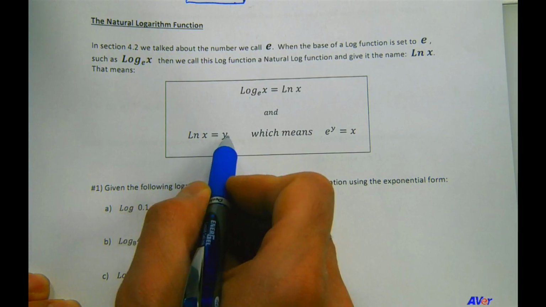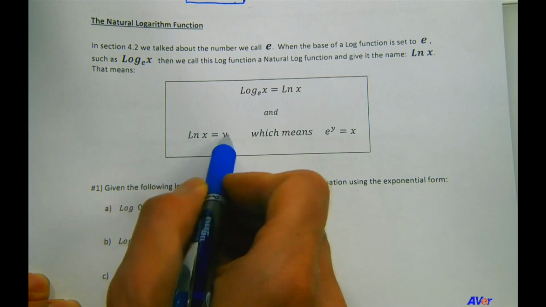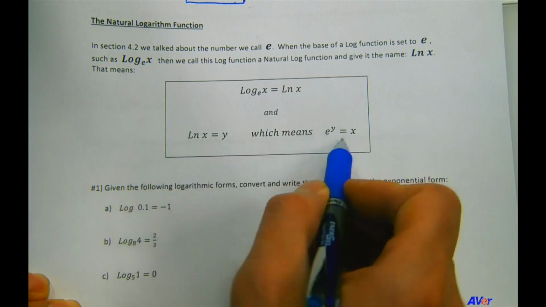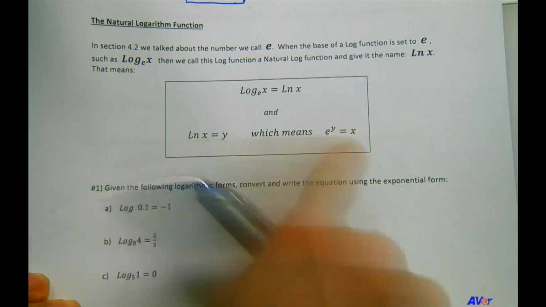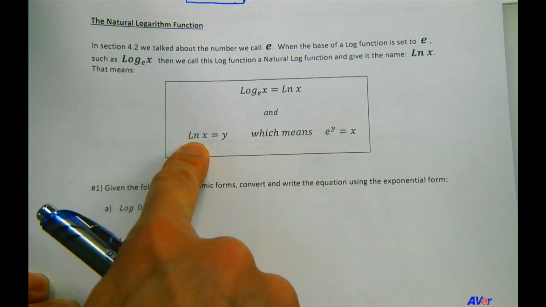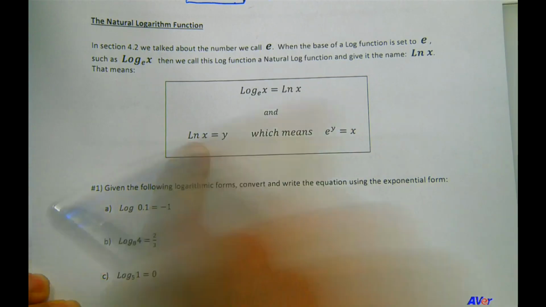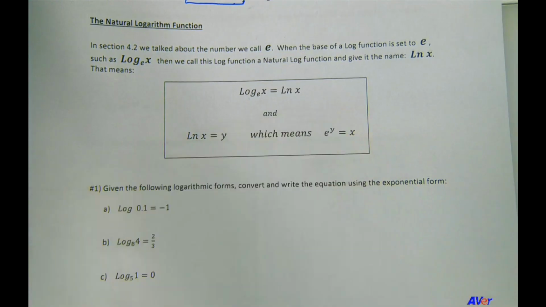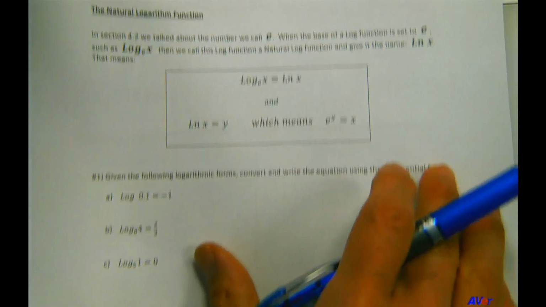E to the y power equals x, which is what you see here. So there is a very close relationship between the log or natural log function and exponential functions. They are inverses of each other. We've talked about inverse functions, right? So they are inverses of each other.